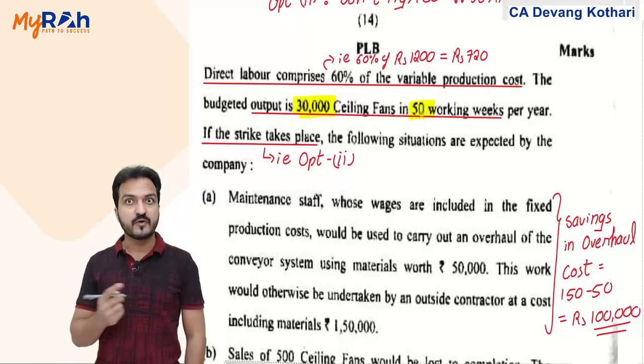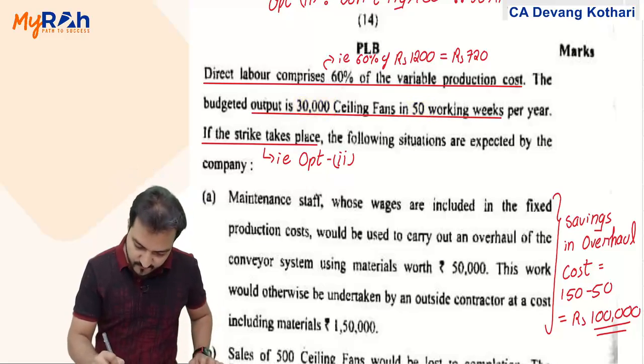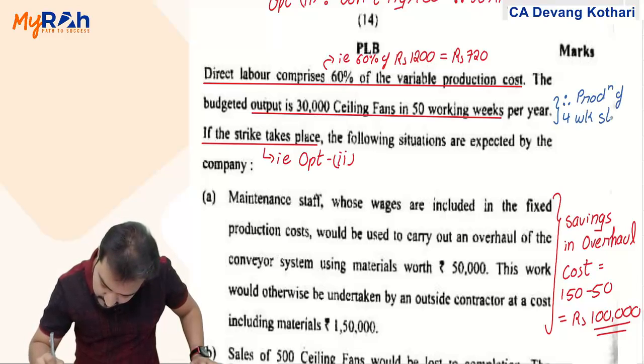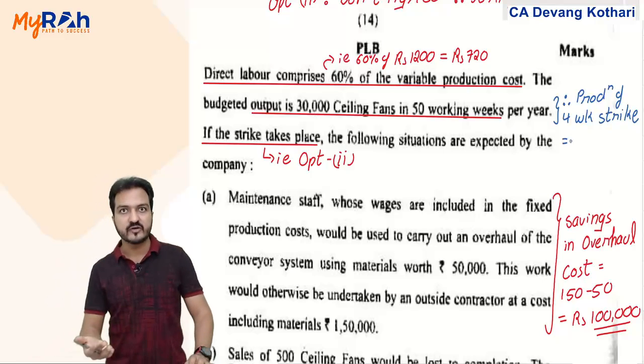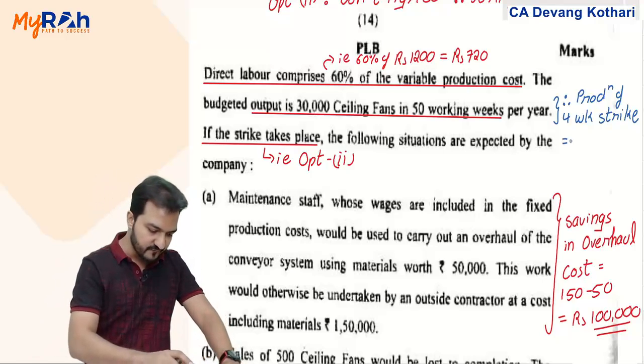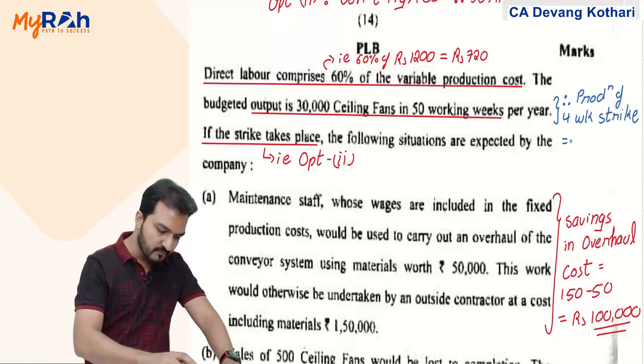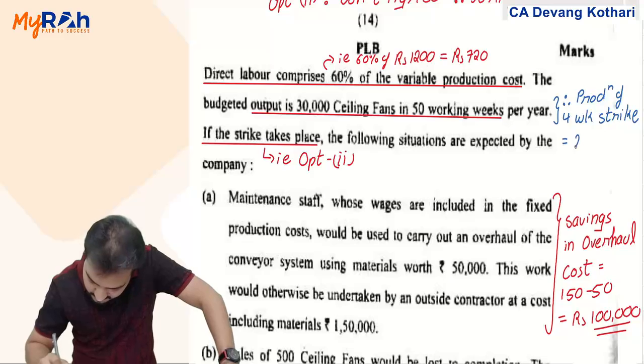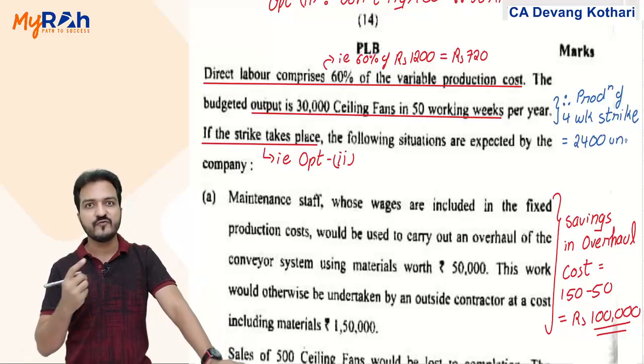If 30,000 is production in 50 weeks, then production of 4-week strike period would have been 30,000 into 4 by 50, that is 2,400 units during 4 weeks of strike.